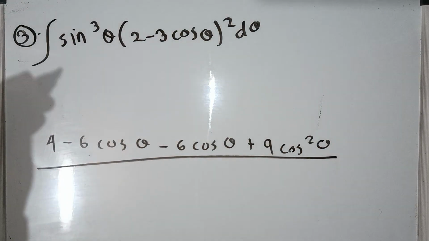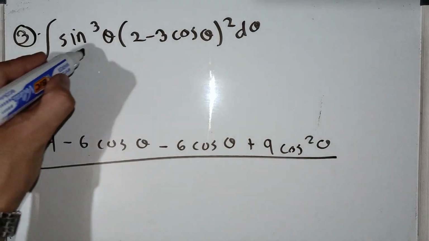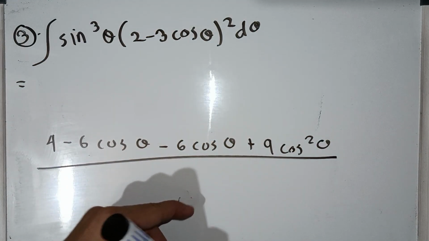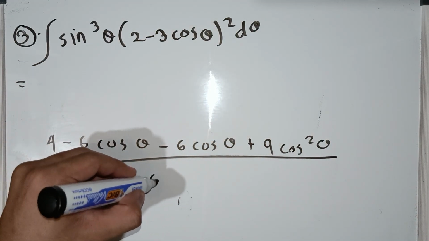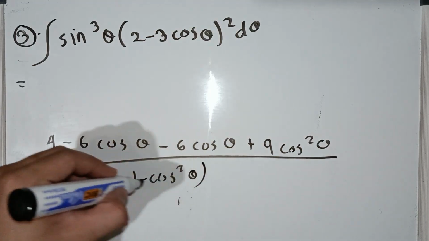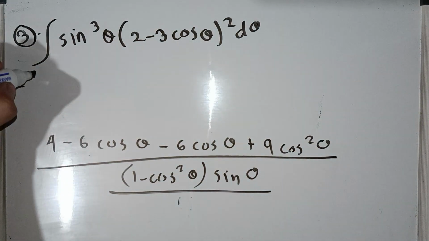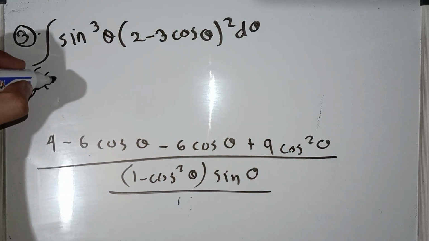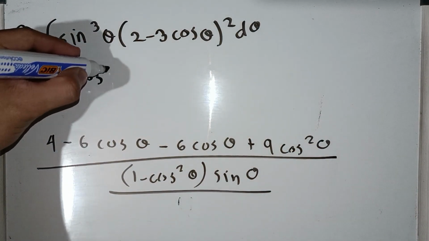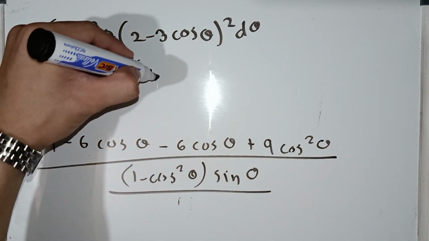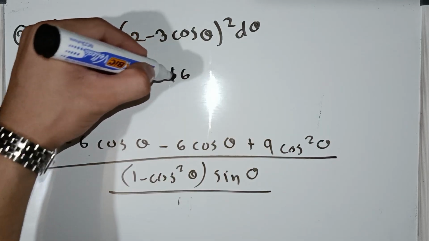Since sine cube theta, we can transform this to 1 minus cosine squared theta times sine theta. We can now use this to transform this, so that will give us the integral of 1 minus cosine squared theta multiplied by 4 minus 6 cosine theta.